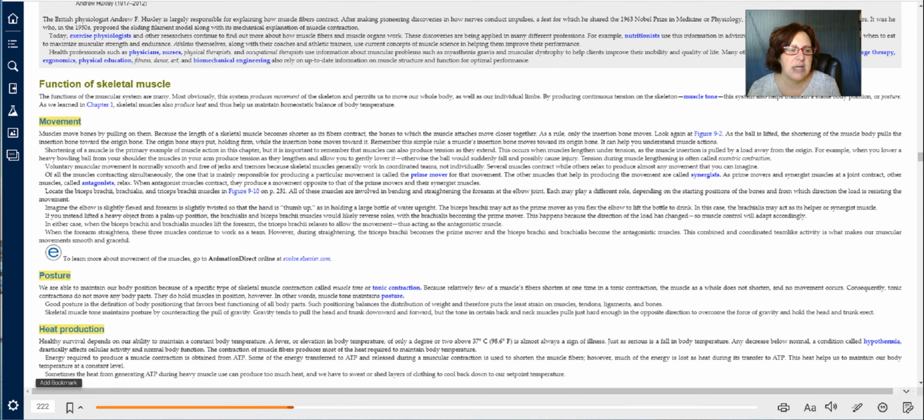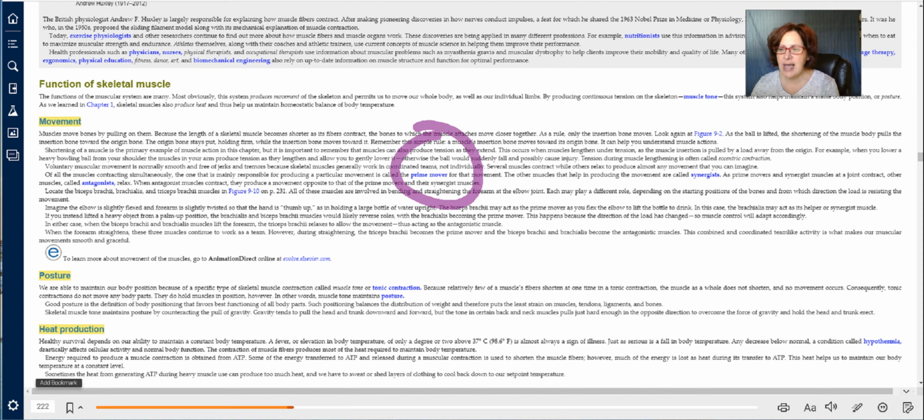When we get into the muscles, no muscle does a movement on its own. For any action that you want to do, there is a primary muscle that is intended to create that movement, and that's the prime mover.